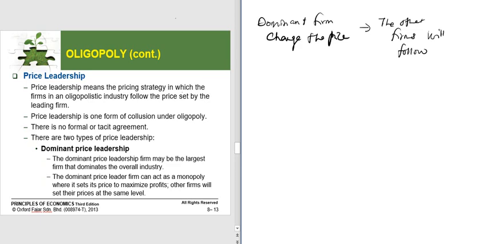So the other firms believe that if they follow this dominant firm, they are making good changes to their firm. This is what we call dominant price leadership. Usually the dominant price leader can act as a monopoly where it sets its price to maximize profit, and the other firms will also set their price at the same level.